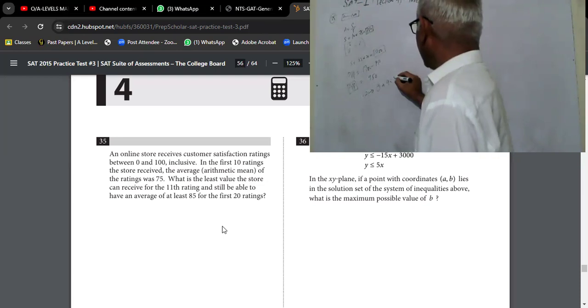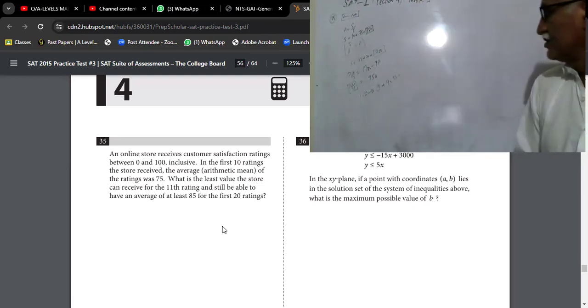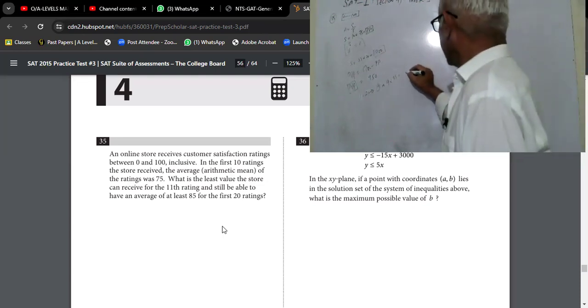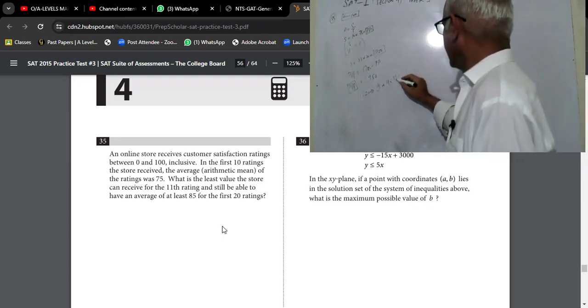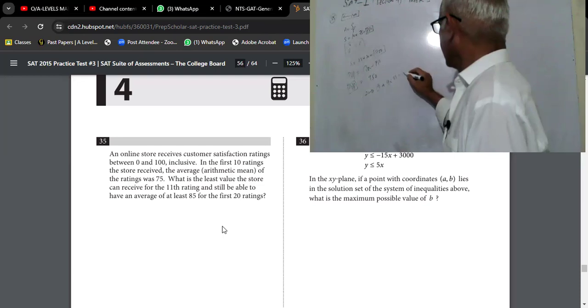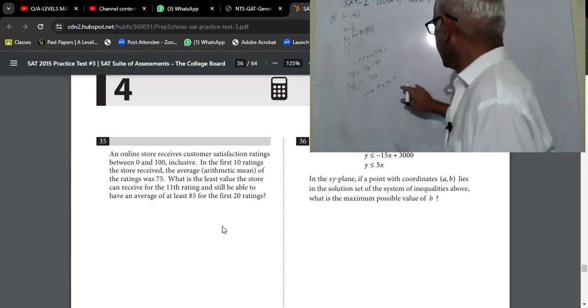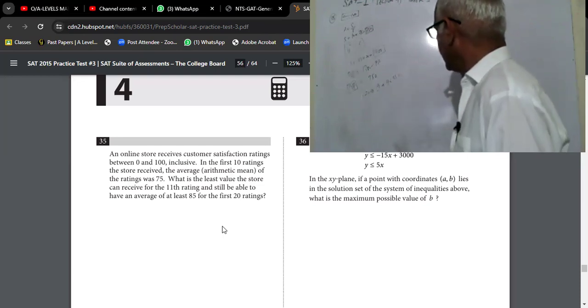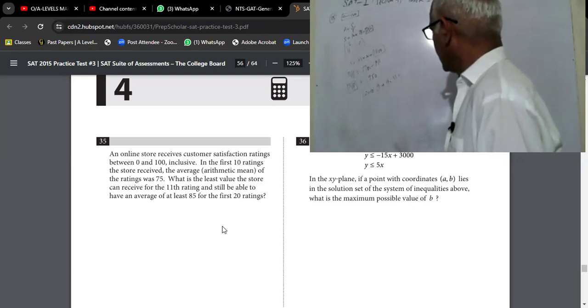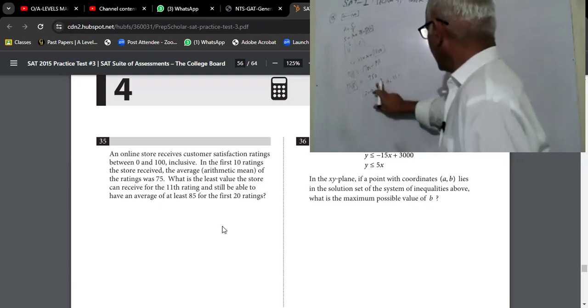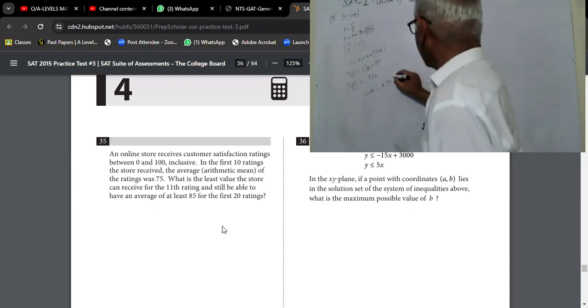So you will get 9 multiplied by 85. So it should be equal to the total observations, there are 100. Rating is 100 there.